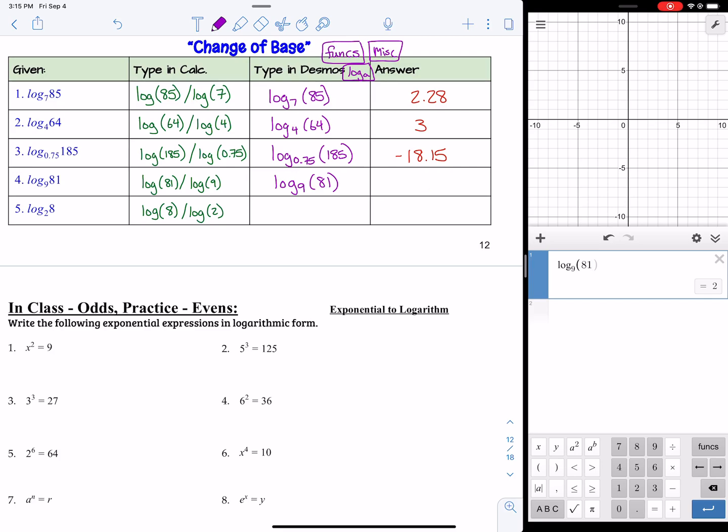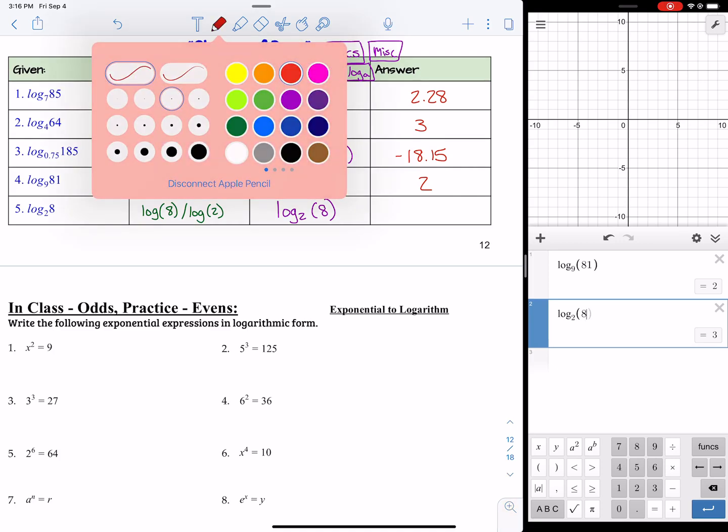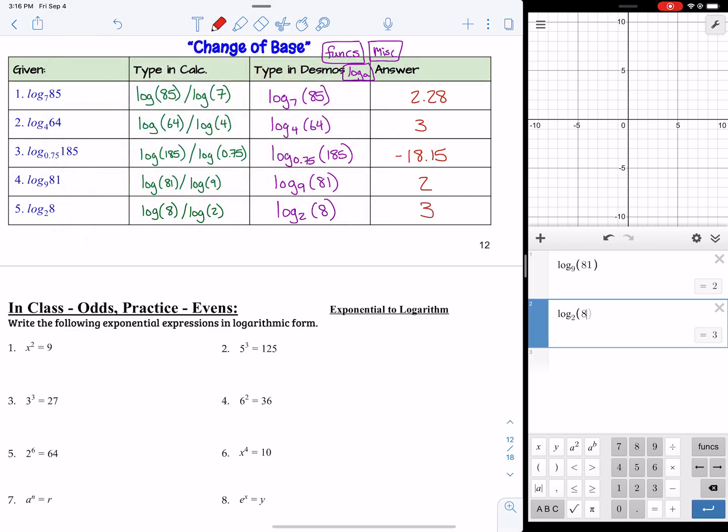And the last one is log base 2 of 8. And so we can type functions, miscellaneous, log base A, put in the 2, and type in the 8. So we just get log base 2 of 8 like it looks. Goes nicely into Desmos. And then you just get a 3.